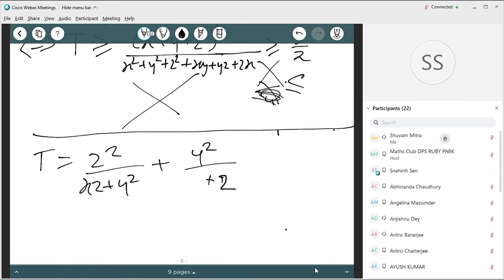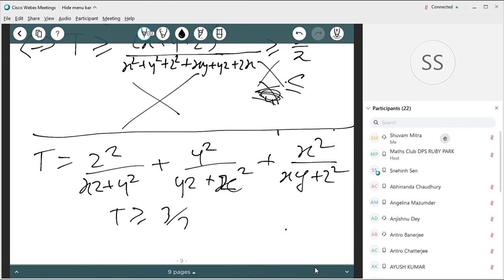No, this would be x square. So it's yz plus x square by xy plus z square. And we need to prove that t is greater than or equal to 3 by 2.